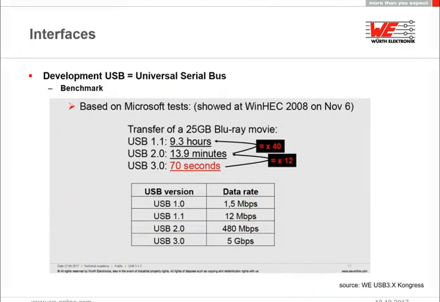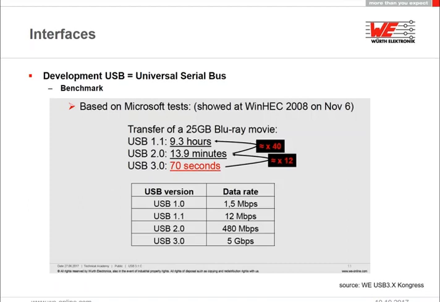So regarding the power of USB, here we can see a benchmark. Benchmark means transmission of a complete movie with 25 gigabit, and using USB 1.1, this took nearly 10 hours.